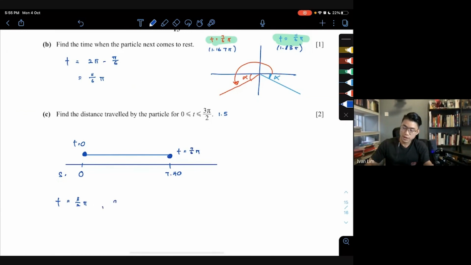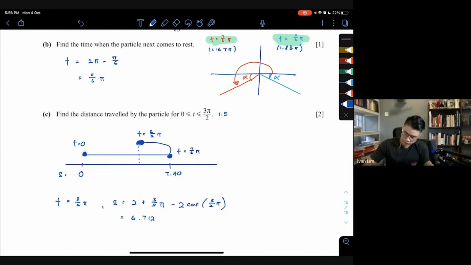You will get s equals 2 plus 3 over 2 pi minus 2 cos 3 over 2 pi, and you will get 6.712. So when t equals 3 over 2 pi, which is your ending, you will get the position 6.712.